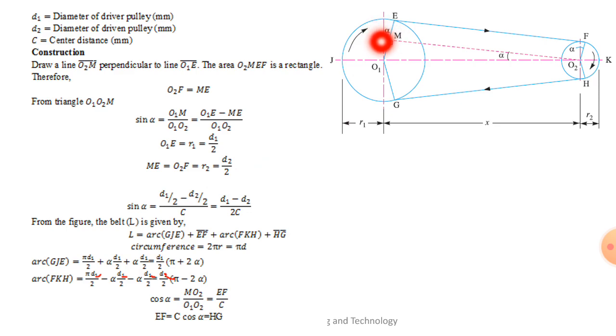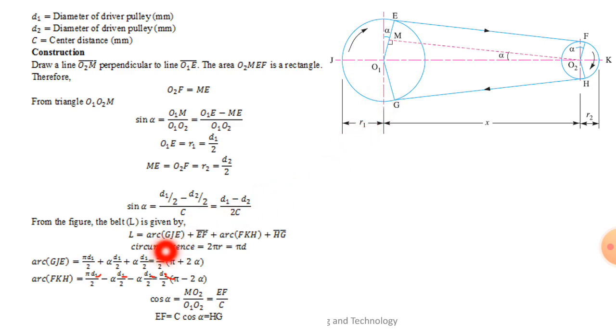That is S equal to r theta, where r is d1 by 2 and theta is small, so you have to add alpha, because here it is 180 plus alpha, d1 divided by 2, plus again alpha d1 divided by 2, because here also, on the bottom side, there is a small alpha that you have to add.